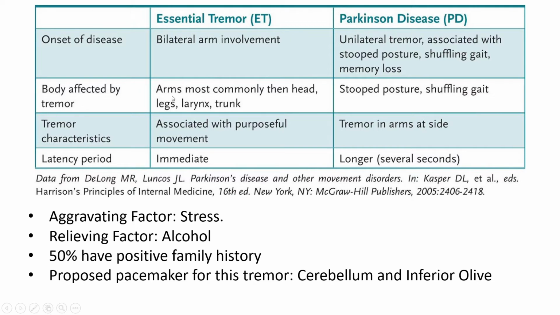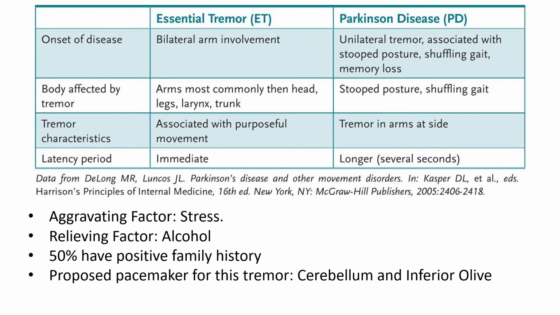While in essential tremor, when the patient attains this posture, it will be immediately there. Right. So a tremor coming immediately after assuming the posture is likely to be a postural tremor. But if it occurs after a delay of several seconds, it will be the resting tremor of Parkinson's disease. This delay of several seconds in the case of resting tremor is a phenomenon termed the re-emergent tremor, seen in Parkinson's disease.